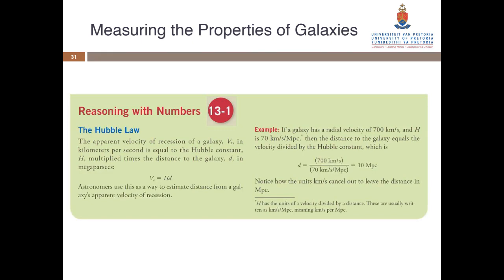Here is an example of reasoning with numbers that I can ask in the exam. The apparent velocity of recession of the galaxy, called VR in kilometers per second, is equal to the Hubble constant, H, multiplied by the distance to the galaxy, d, in megaparsecs.